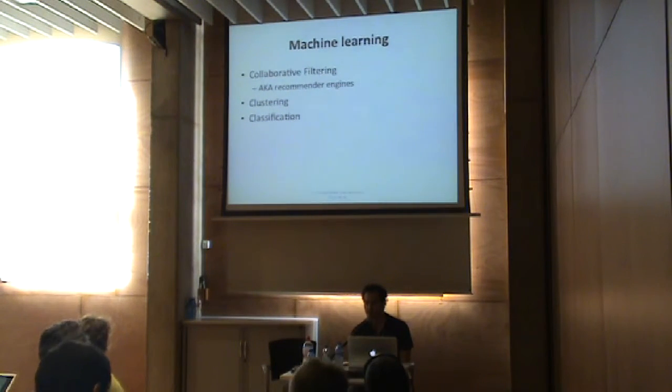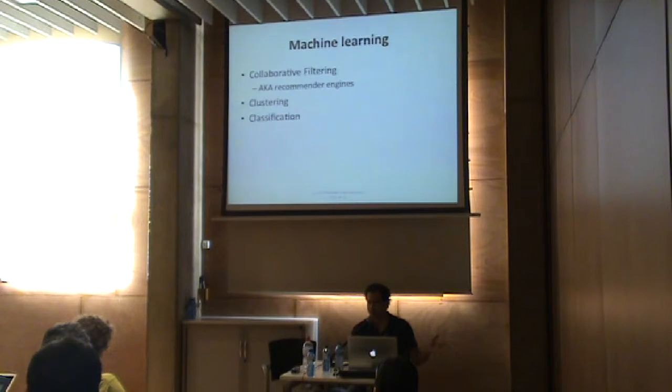Clustering is basically finding nodes, finding entities. It could be products, could be users, could be locations, based on certain properties of those entities, and clustering them together. And classification basically says, does this item look more like an apple or like an orange?